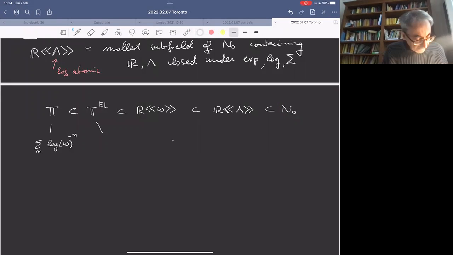In the EL series, we may have e to the minus sum over n of log n times of omega, which can also be written as 1 over the infinite product of log n times omega.